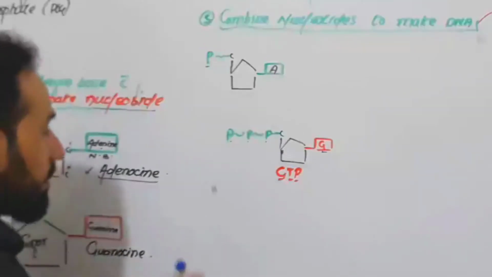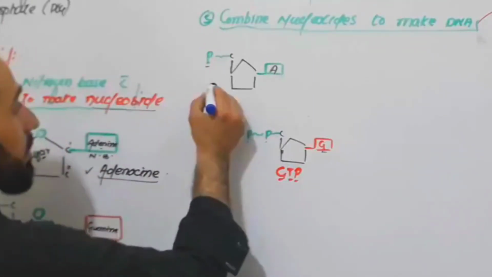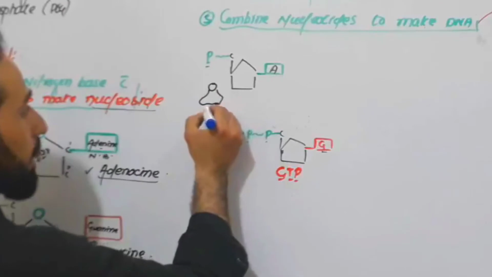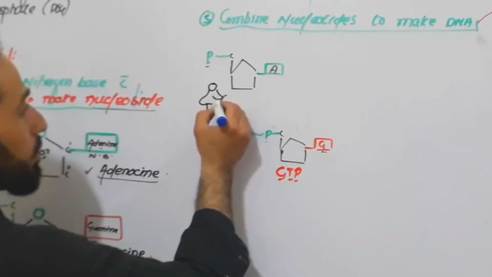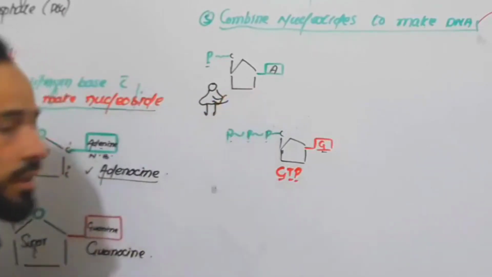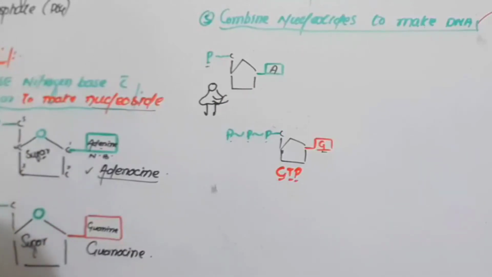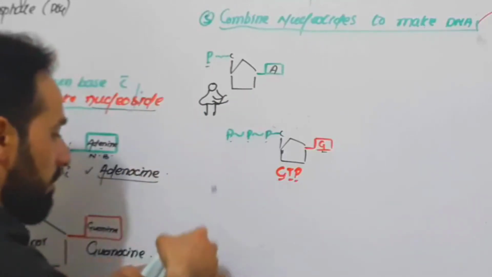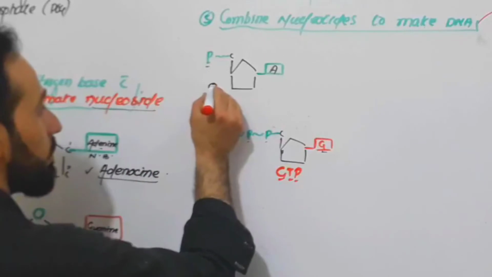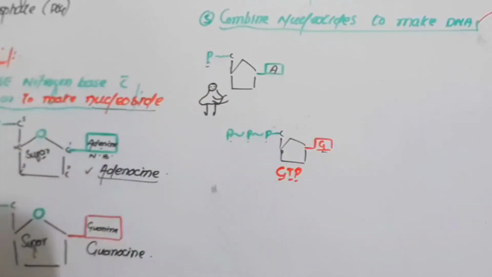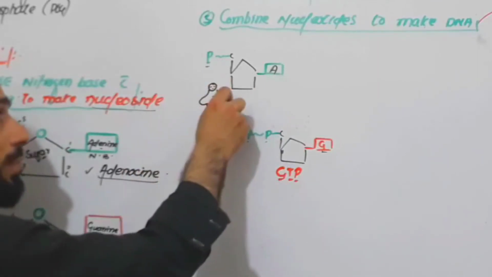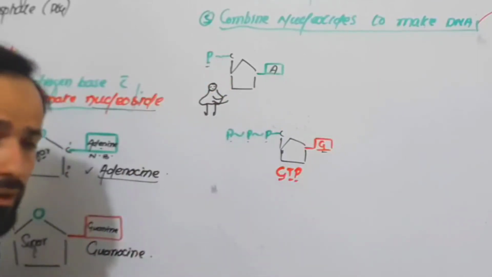Now when this guanosine comes here and stays here and makes a bond here, what happens? Look, here is an enzyme which will make the bond between guanosine and adenosine monophosphate. This enzyme is sleeping. Look carefully, friends. Now this enzyme is going to make the bond, right?